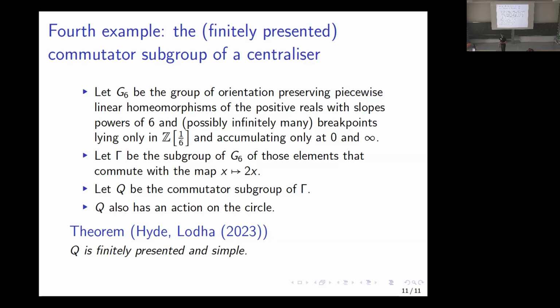Well, fast T is 3 generated because its abelianization is Z cubed. So the commutator subgroup of fast T is 2 generated.